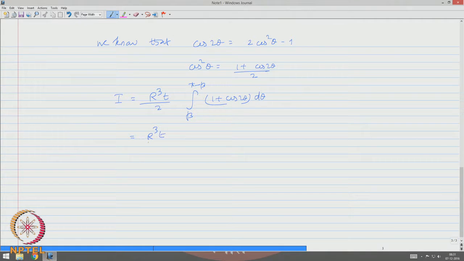Now, using the symmetry of the integral, we can say beta to pi by 2 of twice the integral, where there are two strips about the axis of symmetry. So, now I can say r cubed t, theta plus sin 2 theta by 2, varying from beta to pi by 2.